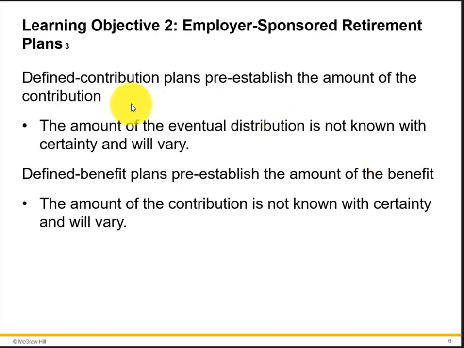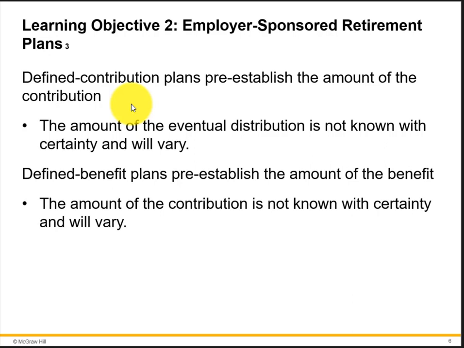This says, this is how much I'm going to put into your plan for you now. It's a percentage of what we pay you as salary or some other measure. But how much you will actually have when you get to be 65 or when you retire, we don't promise anything about that. All we promise is that we'll put it in for you. You then can invest it, typically, although sometimes they'll provide some help in investing it.